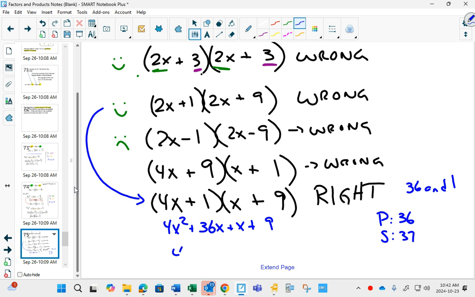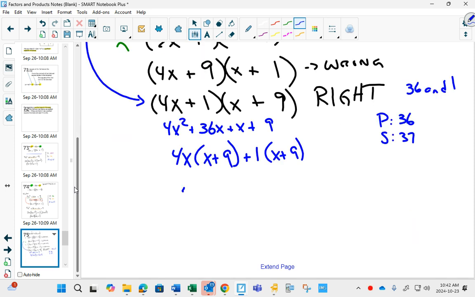What's in common in the first 2 is a 4x, leaving you with x plus 9. Nothing's in common with the next one, so we take out that plus 1, giving us x plus 9. And we get x plus 9. Take that out, leaving us with 4x plus 1. I don't know, the grouping method seemed pretty quick in this one too.